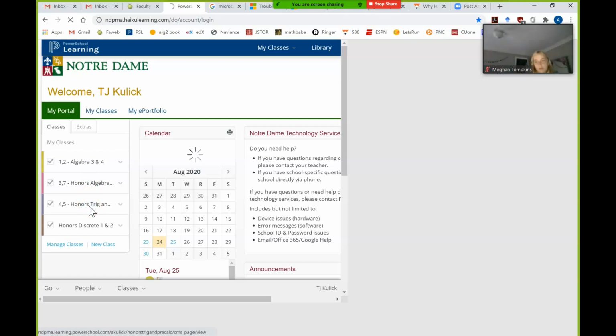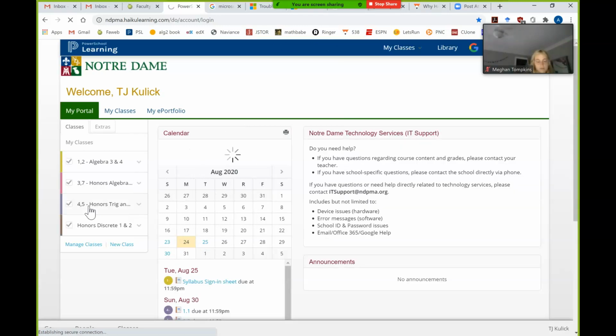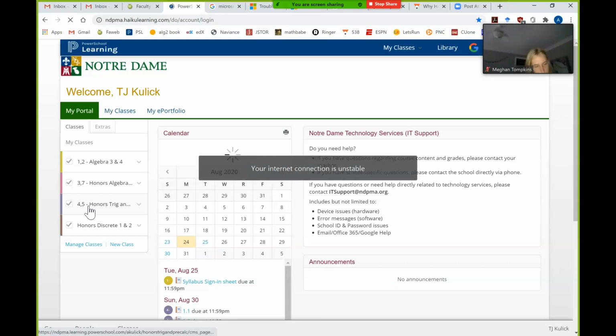If the world's slowest internet wants to cooperate for me. You probably have seen these things starting to populate right on PowerSchool if you've been on there. Oh, my network connection.